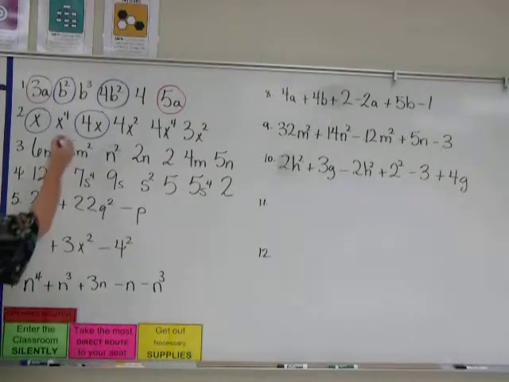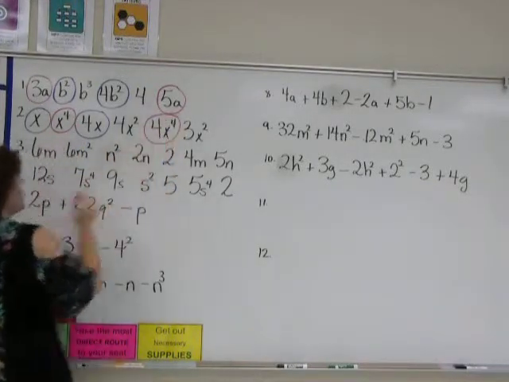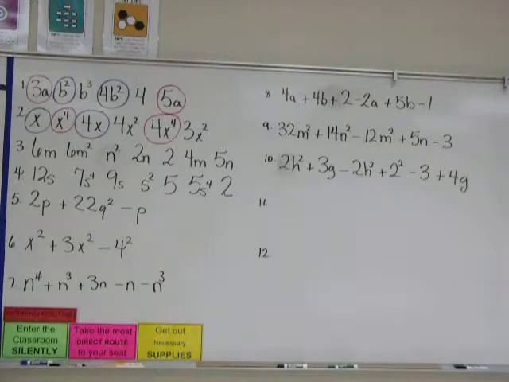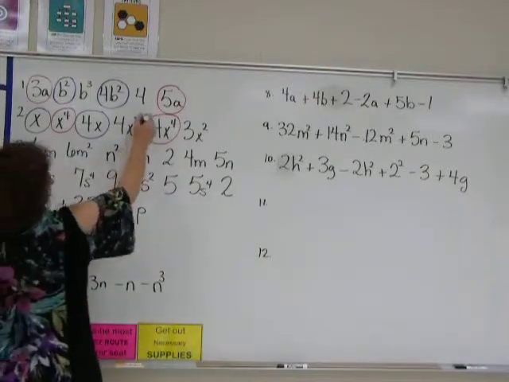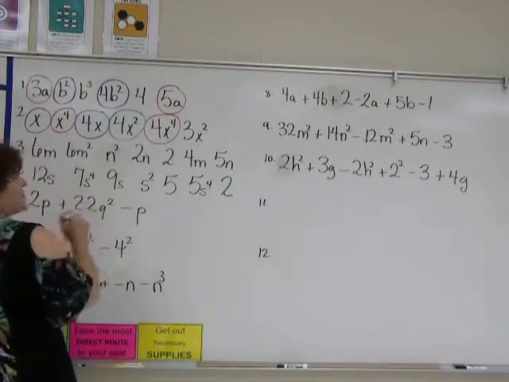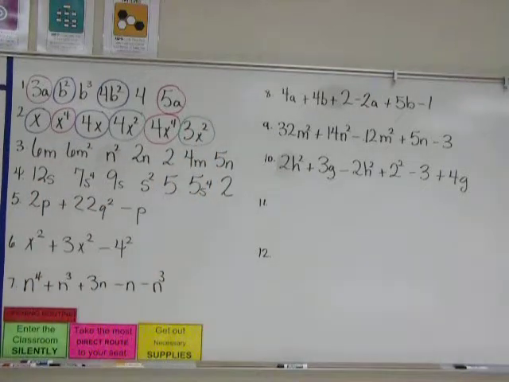You have x's raised to the 4th power, x's raised to the 4th power. Those two are like terms. Then you had x squared, or x's raised to the 2nd, x's raised to the 2nd. So for number 2, you had 3 sets of like terms. Any questions?